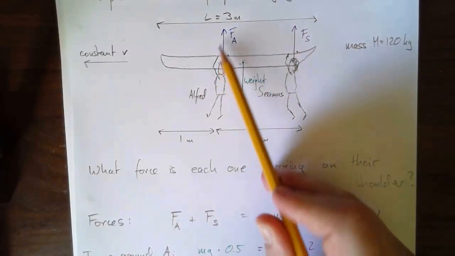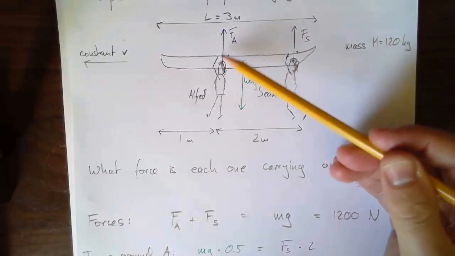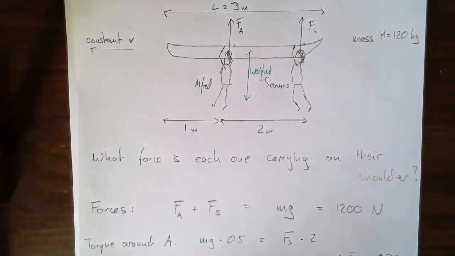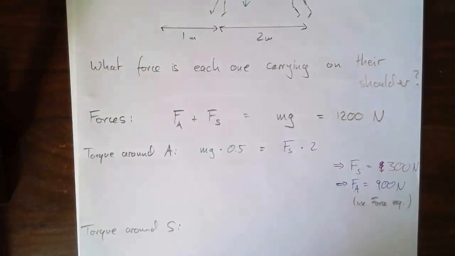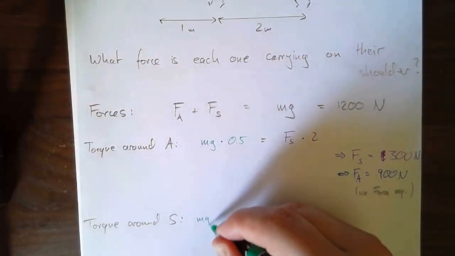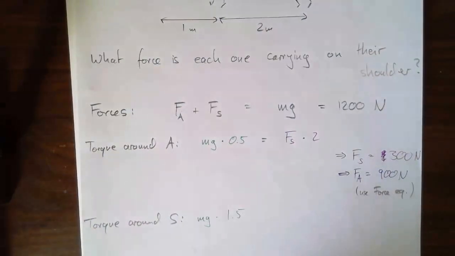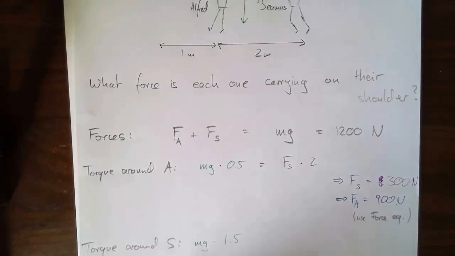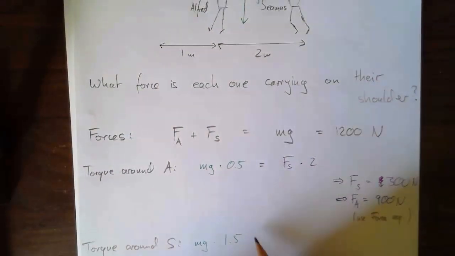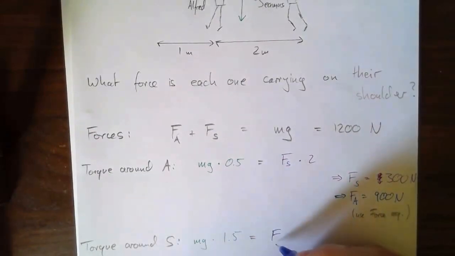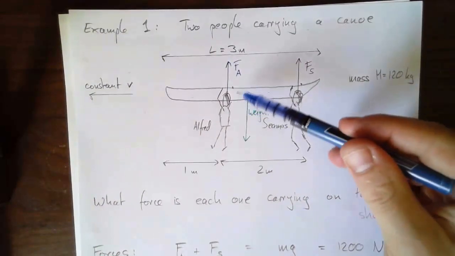And Alfred is pushing up, creating a clockwise torque, and his distance is 2 meters from Seamus. So in this case, we get that mg times 1.5, that is the distance of the center of mass from Seamus, is equal to the force Alfred supplies times 2 meters between those.